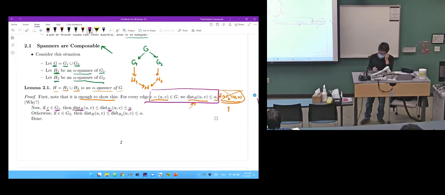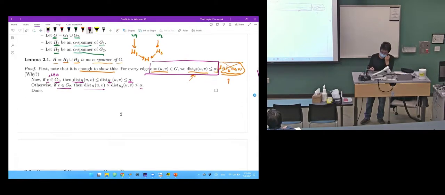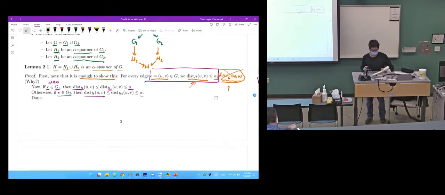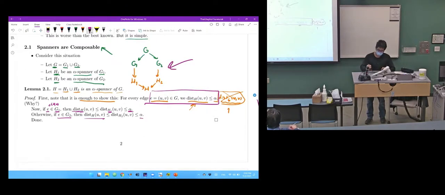So the distance in H here is at most alpha if the edge UV is in G1. The same is for G2, the same reasoning. So no matter what the case is, for every edge UV, you get that the distance UV in H is at most alpha. Okay, so now we have proved that spanners are composable. In this sense, they are composable.